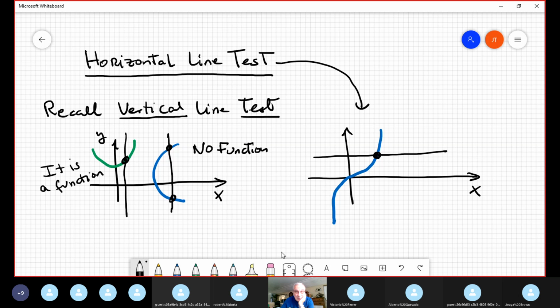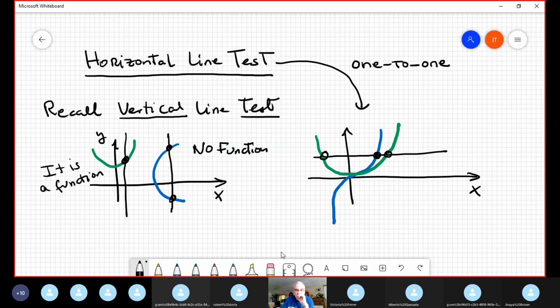So the horizontal line test allows us to determine if the curve is one-to-one or not. Suppose the parabola like that. When you apply the horizontal line test, it crosses 2 points, so the parabola is not a one-to-one function.